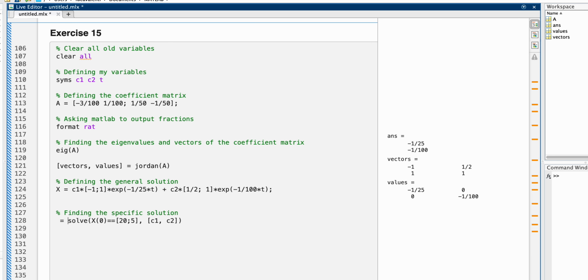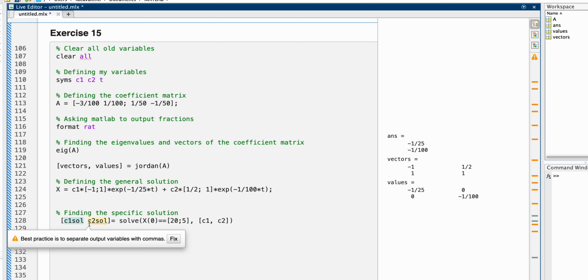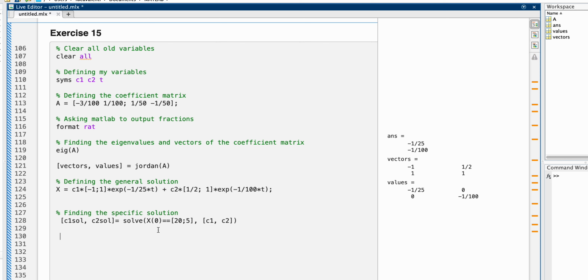Now, this is going to output at least 2 results, one for C1 and one for C2. So I need to assign it a matrix output, and that's going to be C1 sol and C2 sol. And once we have this, I can put a comma here.